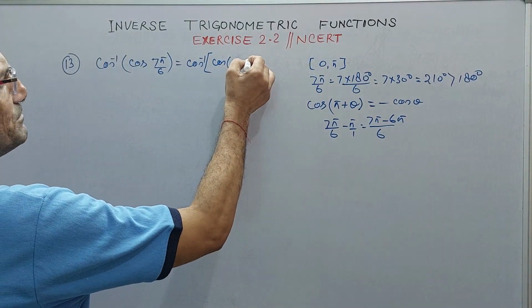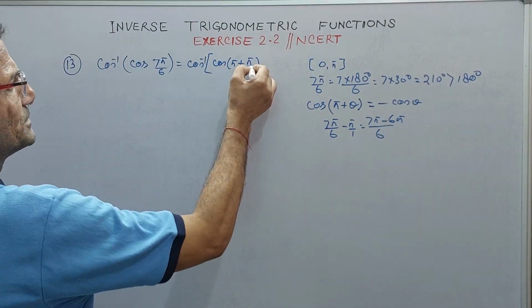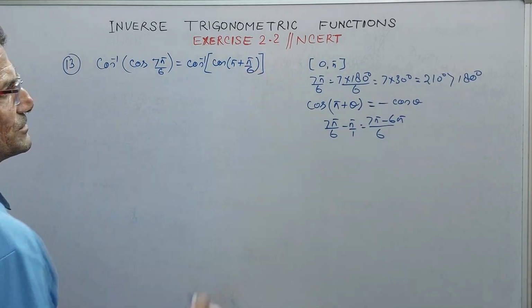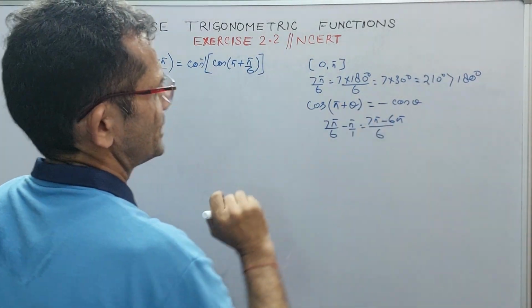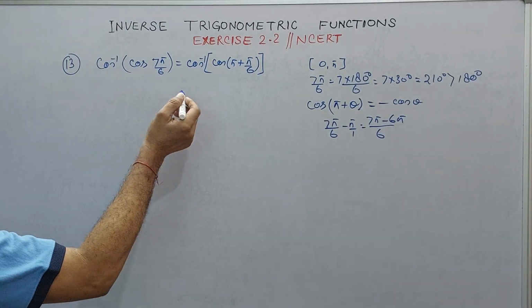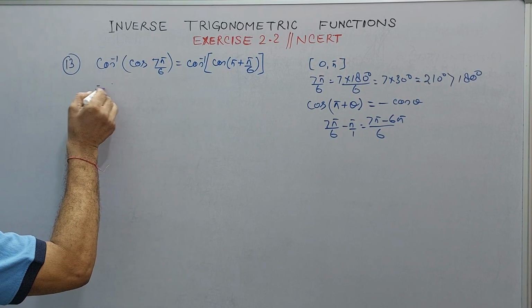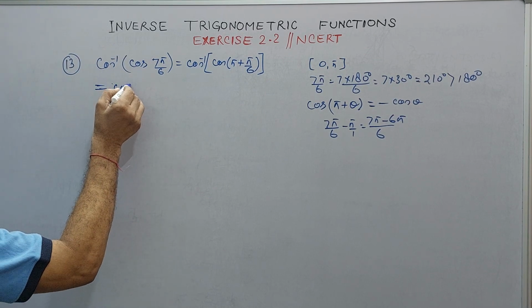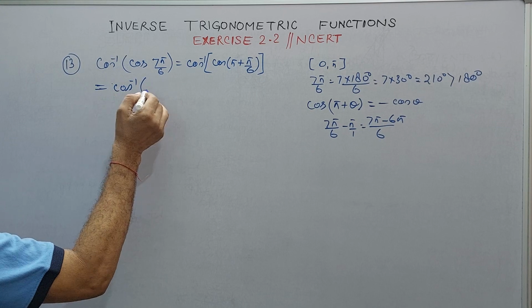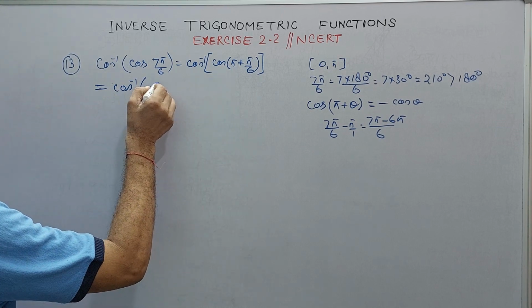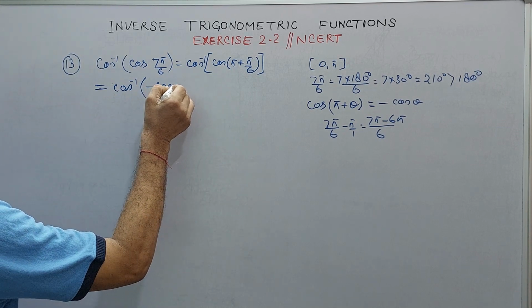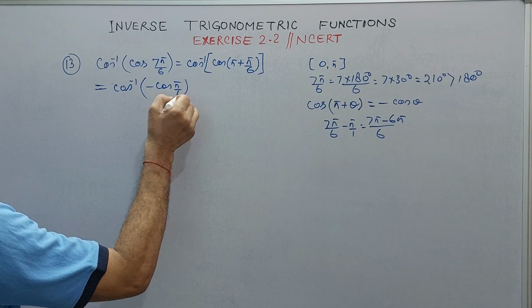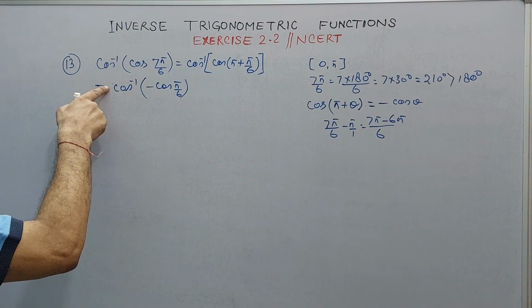So this will be pi plus pi by 6 in the square bracket. Using this formula, cos of pi plus theta is minus cos theta, this expression finally comes out as cos inverse of minus cos pi by 6.